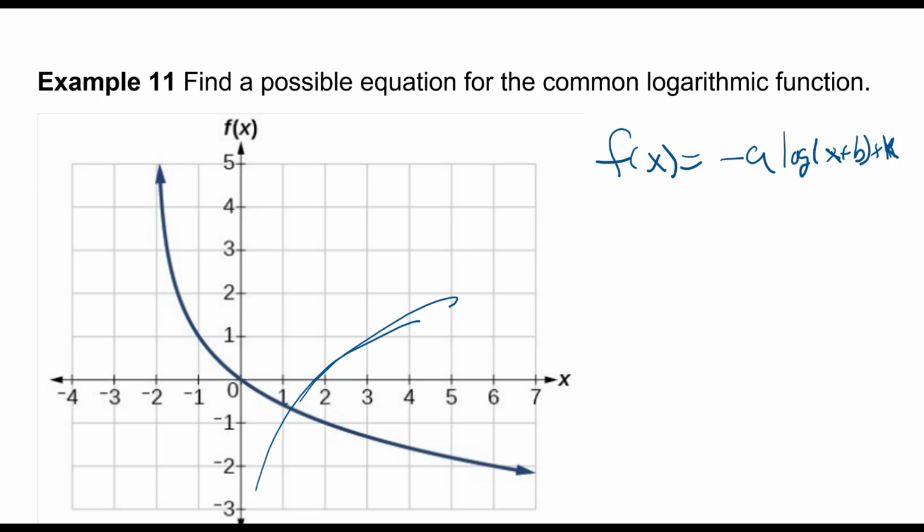So I'm looking at this here. It looks like x equals -2 is the asymptote. So I'm going to change this and say f of x is -a times log of x plus 2, because it goes to the left, plus k.